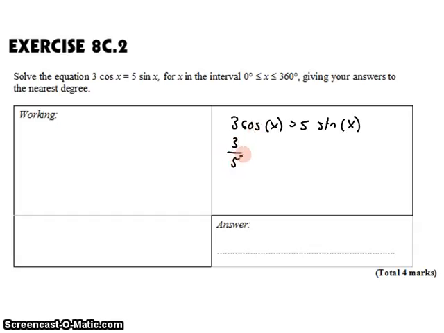This will give me 3/5 equals sine of x on cosine of x. Sine of x on cosine of x is tangent of x. That's rise over run. So I can say 3/5 equals tangent of x. That'll allow me to solve for x.